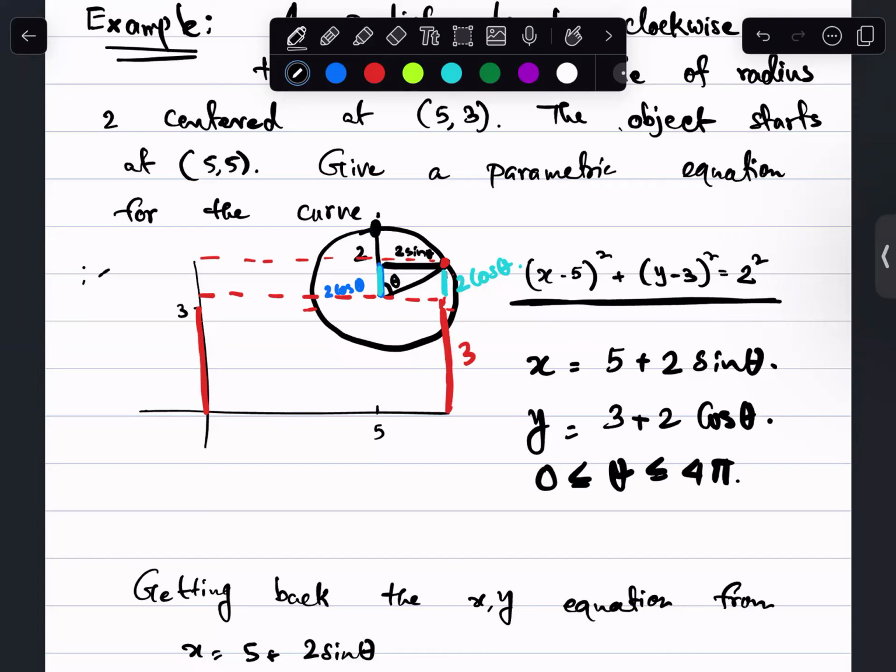The particle starts from here. It goes one time through the circle, so I'll traverse 2 pi, and then it goes along the circle a second time. So in total I'll be moving through a 4 pi angular path. That's why theta varies from 0 to 4 pi. This is because of the two circular portions.